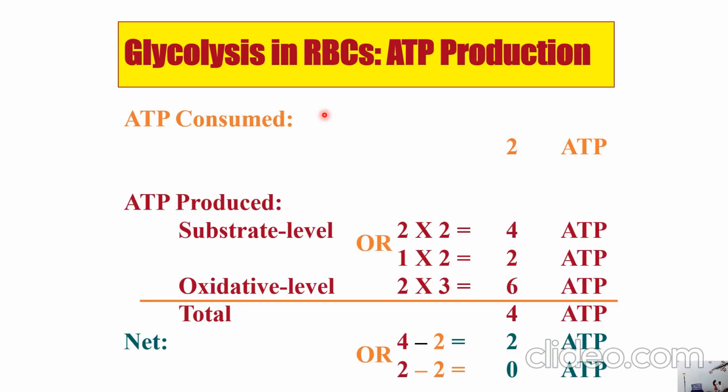So in case of glycolysis in RBCs, these are the steps of ATP production, and these are the probable number of net ATPs generated in RBCs.